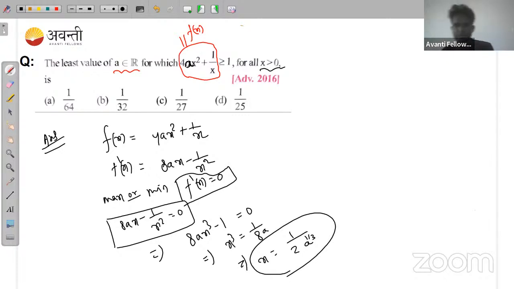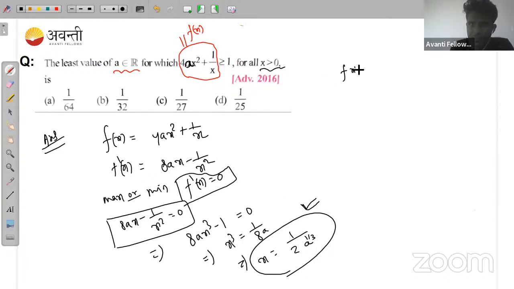Now think. This is the point where function has minimum or maximum. Yes or no? At this point, its minimum value is 1.